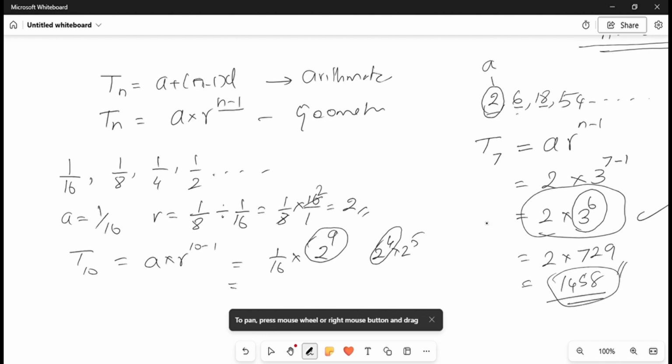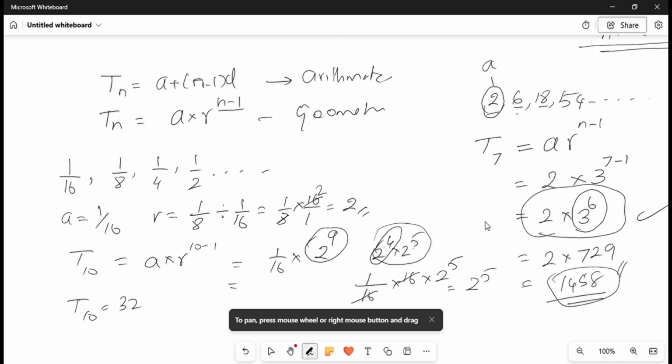We know that. So now you write 1 over 16 into 2 to the power 4 into 2 to the power 5, which is 2 to the power 9. Why I split it like this is to cancel this 16. 2 to the power 4 is 16, into 2 to the power 5. 16 gets cancelled. The answer is 2 to the power 5, which is 32. So the 10th term will be 32.